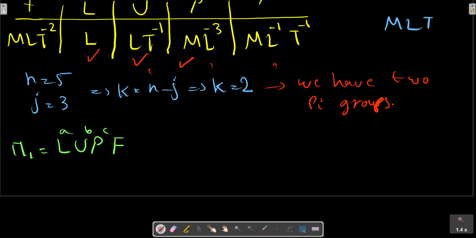At first we multiply by F, and pi 2 equals the relation, for example, the three parameters that cannot form a pi group, which are L, U, and rho to the powers A, B, C, multiplied by the other parameter that can cover the dimensions of the other three, in this case mu.